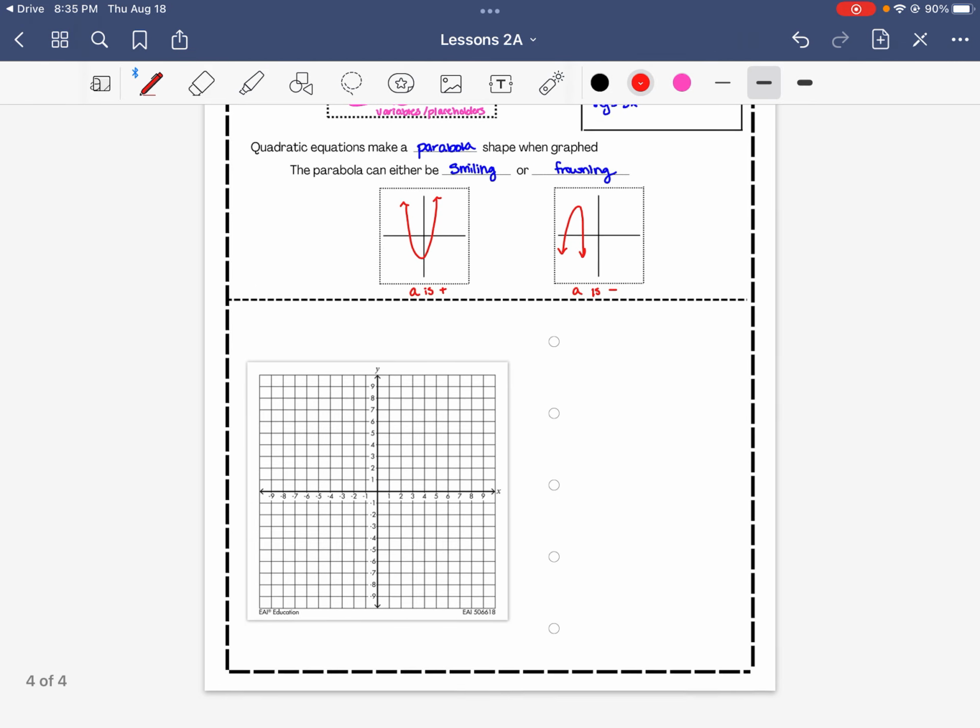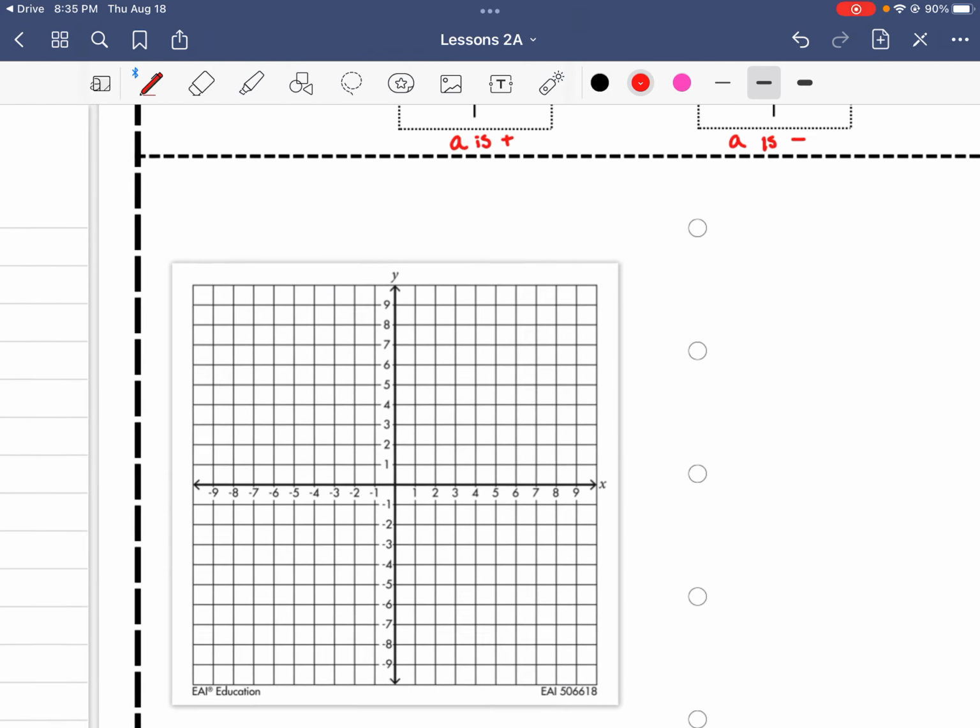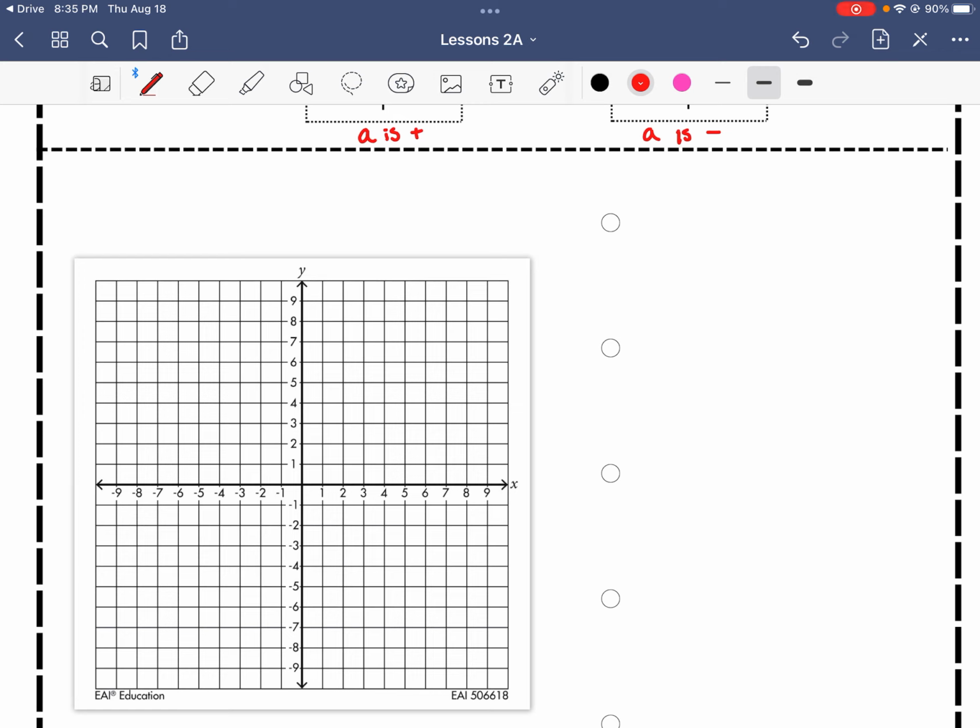Now let's further break down this parabola even more. What I want you to do is I want you to get some colors. And the first thing is we're going to draw our parabola like this. Oh, this is so ugly. Give me a second. Let's make it go like that. This is a parabola.